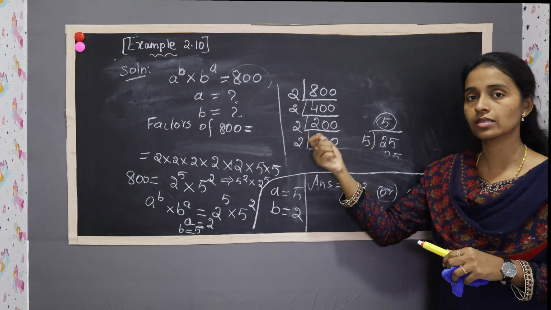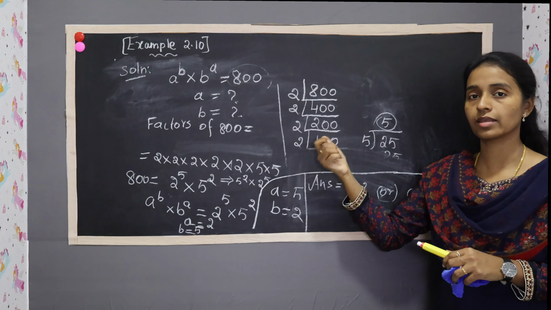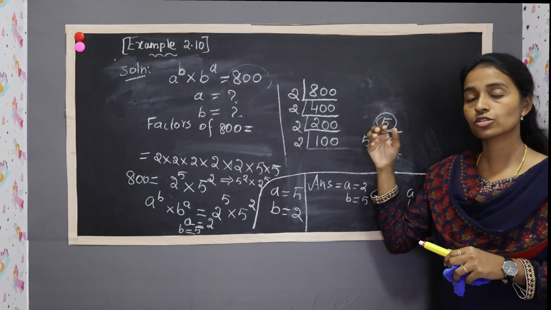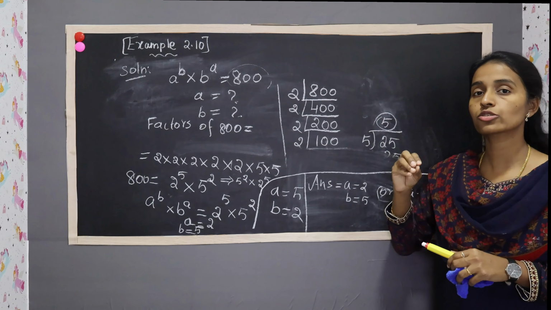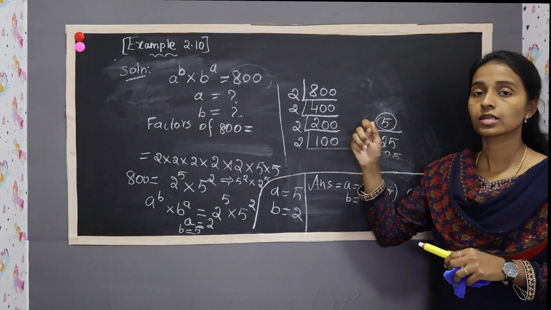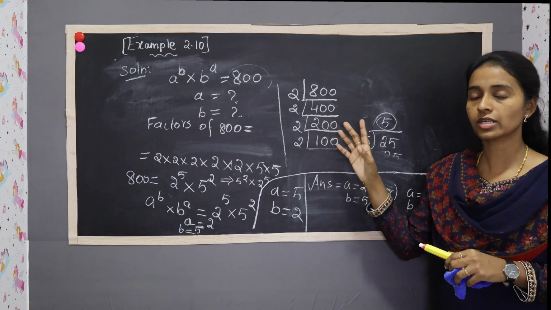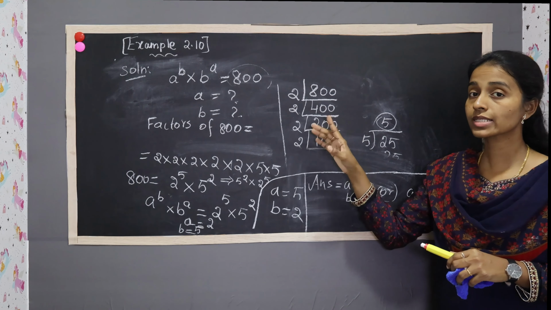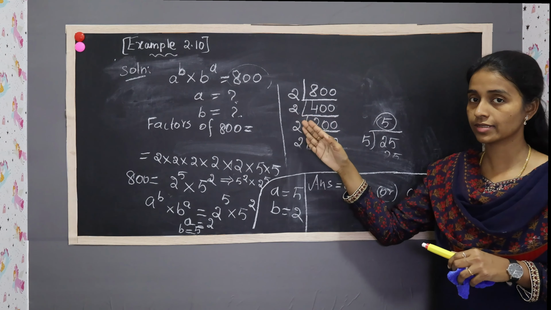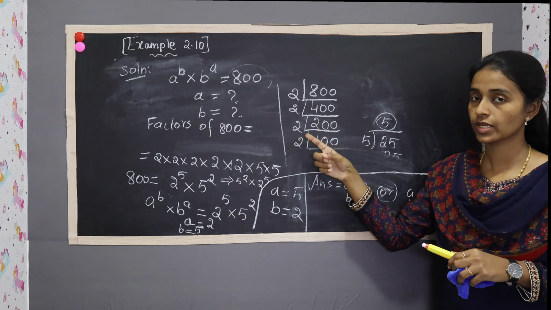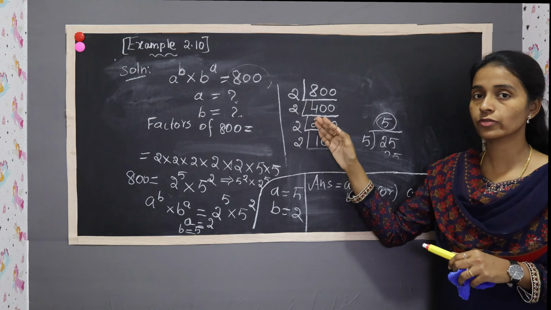We have to try the next number, that is 3. If 3 also does not divide this 800 completely, we should go for another number. Here I am starting from 2. 2 is completely dividing 800, so I am taking 2. And again I am going for 2. Why?